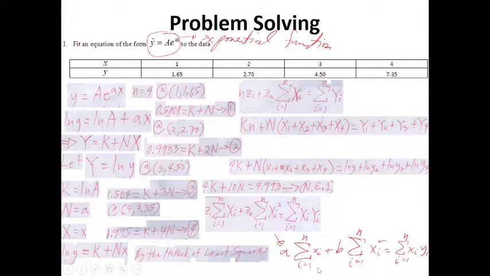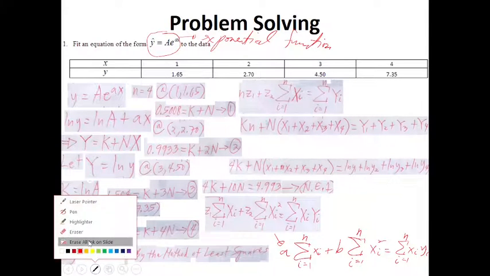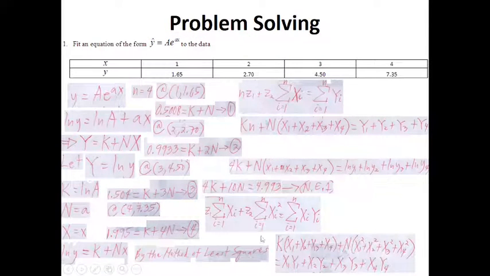So in that case, we can proceed with our solution. So we have, so z sub 1 is equal to k, right? Nasaan yung k natin? Ito, k is ln a, right?